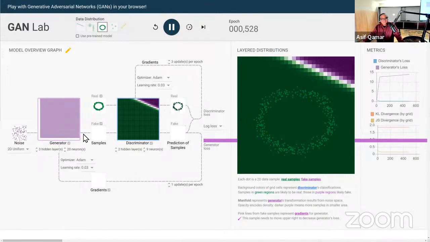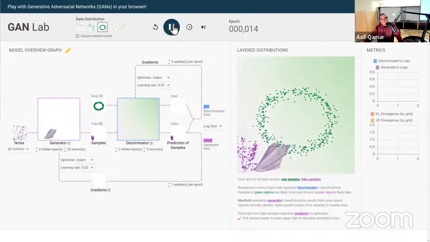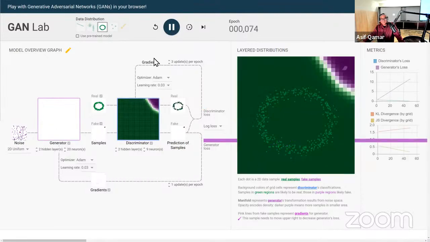Let me take a slightly different value. It is punishing all the fakes here. It's getting it really wrong. Let me try it again. Yeah. And it has gotten into a situation. Right? Now what I'll do is I'll increase the learning rate.